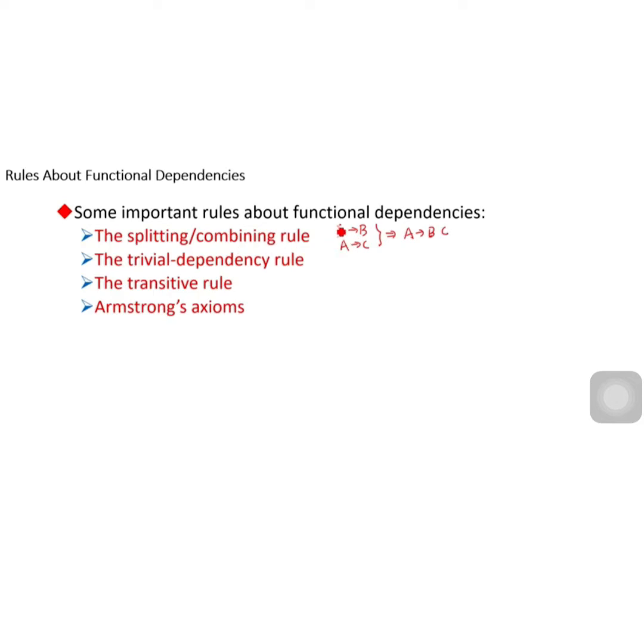If there are two FDs with the same left side, then we can combine the right side, and we can also split the right side. If A functionally determines BC in a relation, then we can get A functionally determines B and A functionally determines C. Okay, it's the splitting and combining rule.